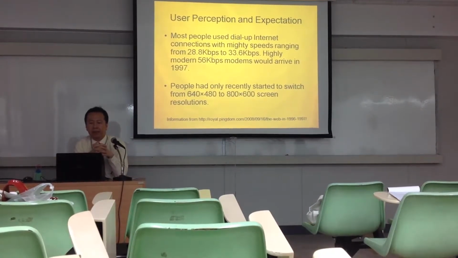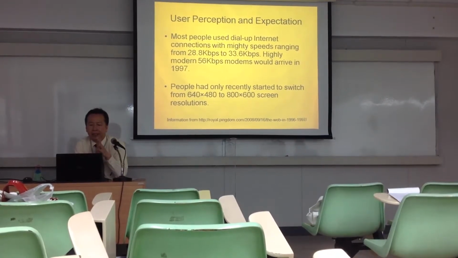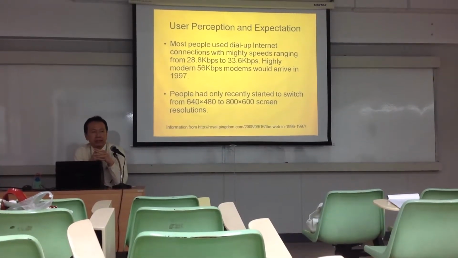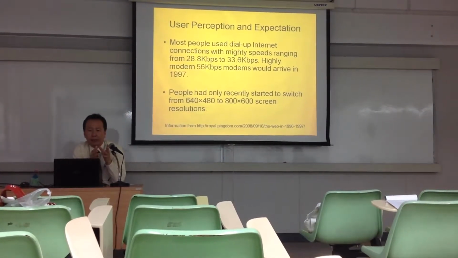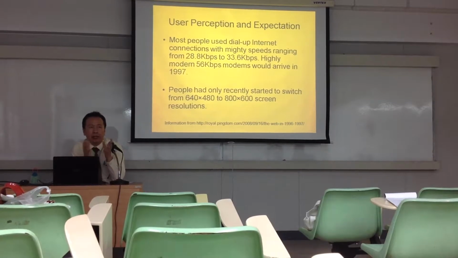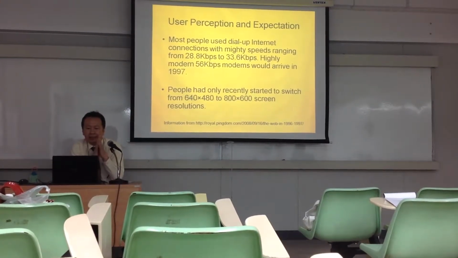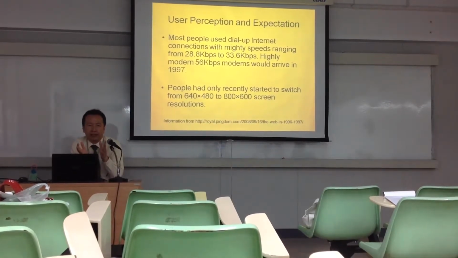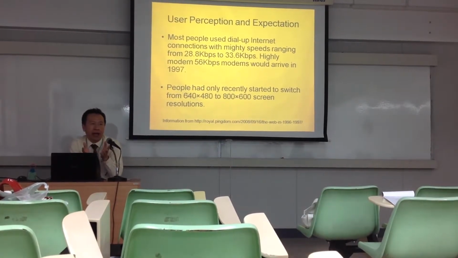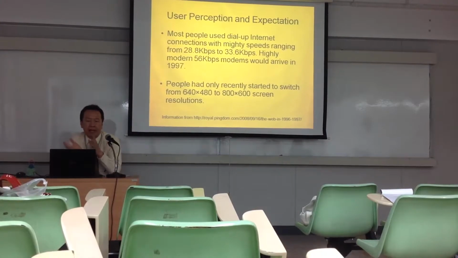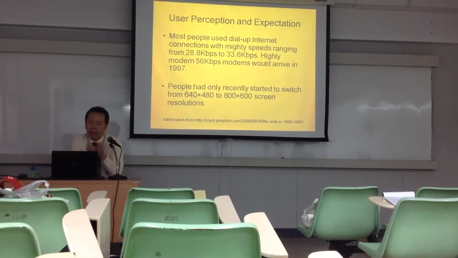And some of the perception and expectation. Since the technology was quite new, in order to connect to the internet you needed infrastructure, and the standard infrastructure we had was a telephone line with an analog modem.